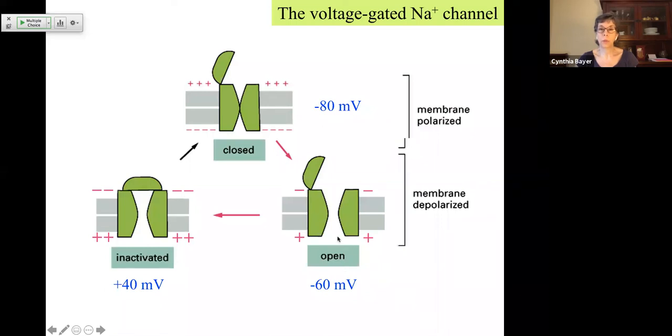Each individual sodium ion channel will, as the membrane becomes more depolarized, move to the inactivated state, and it'll sit there for a little while until more positive charges leave the cell, repolarizing the cell, bringing it back to its polarized state. That's going to have an impact on the directionality of the propagation of the action potential.